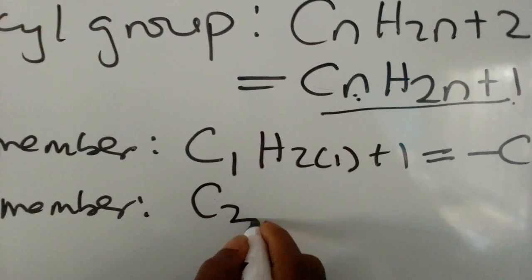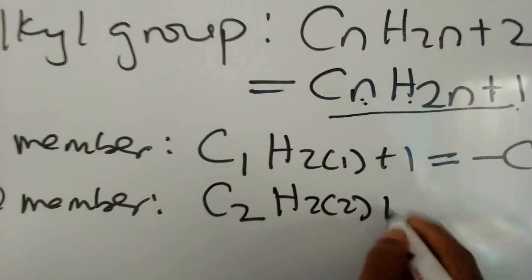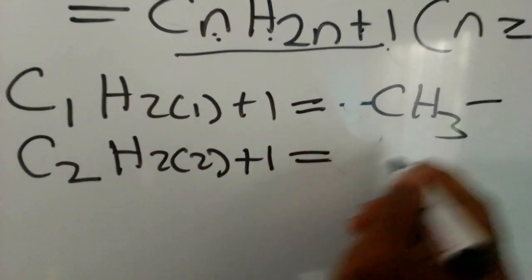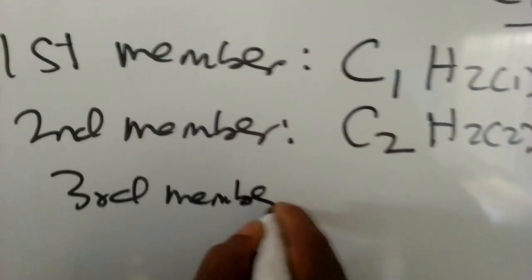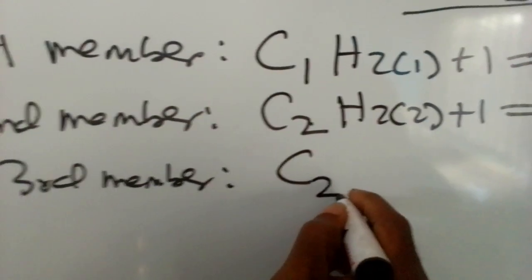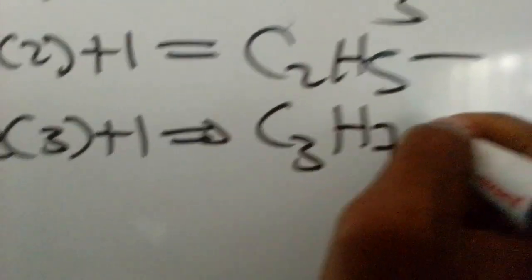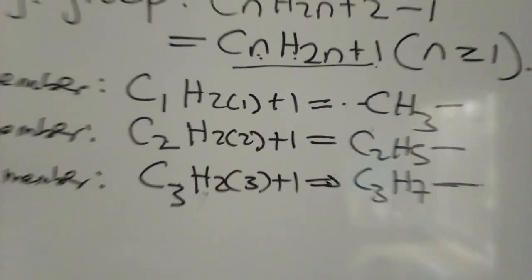That becomes C2H2 times 2 plus 1. That gives me C2H5. The third member of this family, I have C3, in this case, H2 times 3 plus 1. And that gives me C3H7. By so doing, I generate all the Alkyl members.